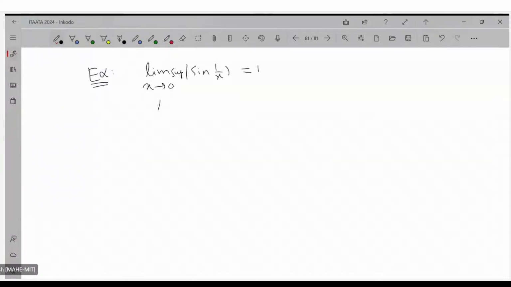But if we take liminf x tends to 0 of mod sine 1 by x, will it be minus 1? Now it will be 0. So that's the idea. Okay. Fine.